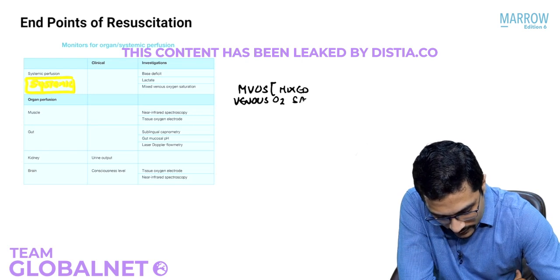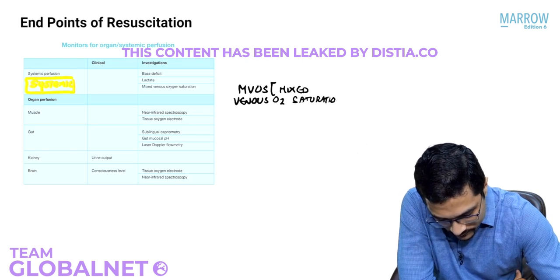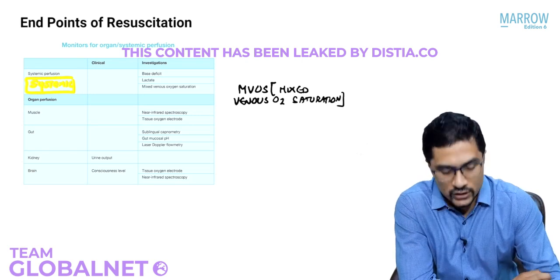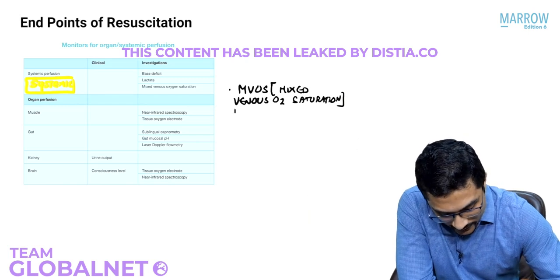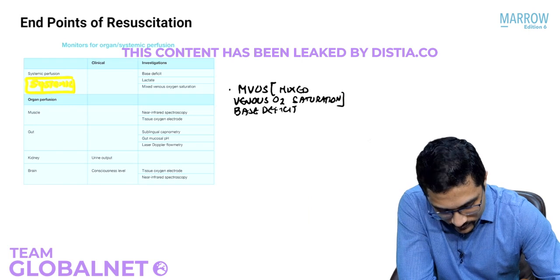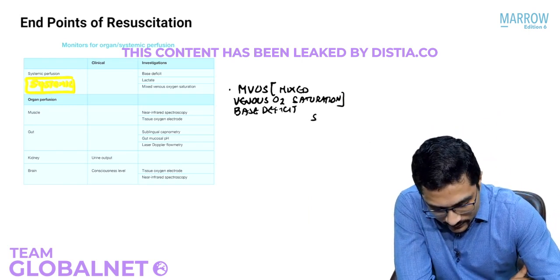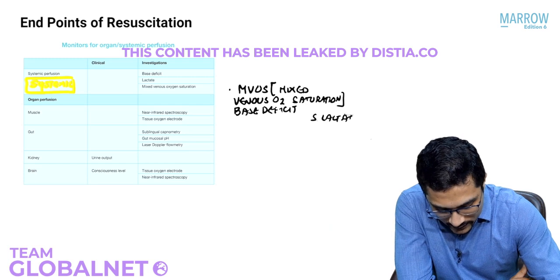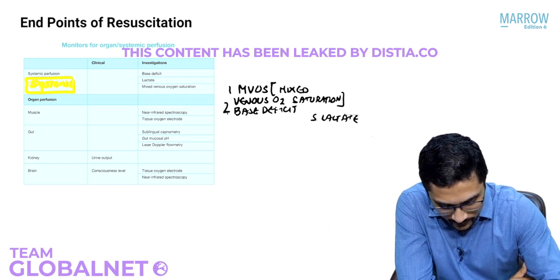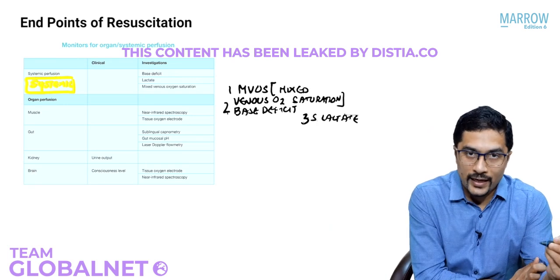I'll talk about this in detail in 2 minutes. The second one is base deficit, which I've already told you is because there is acidosis. And the third one is serum lactate. So these are the three for systemic perfusion. These are the new endpoints.